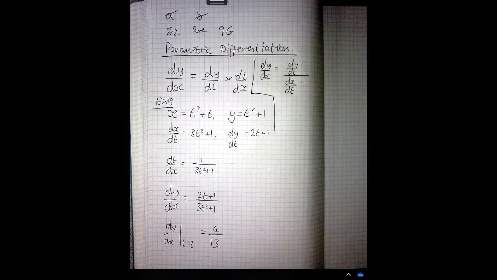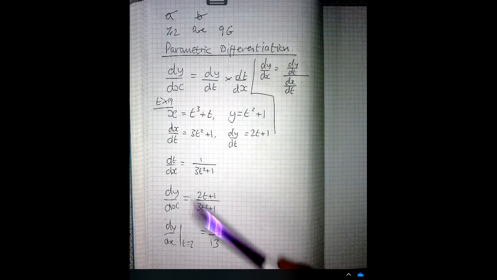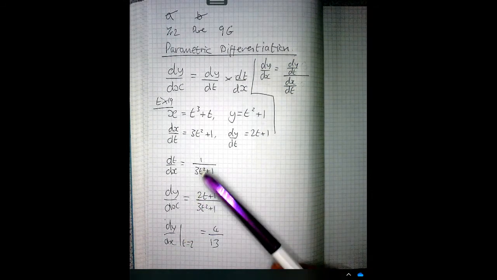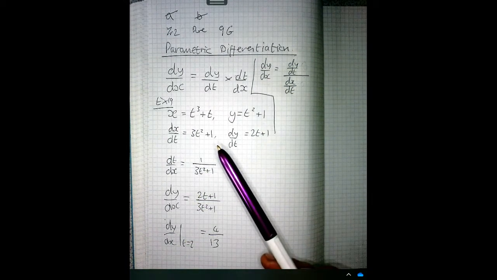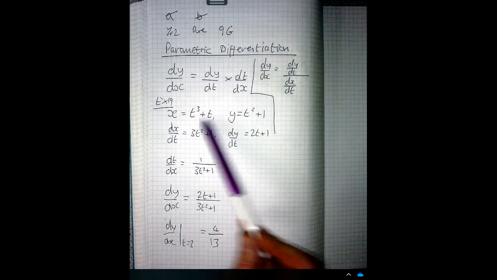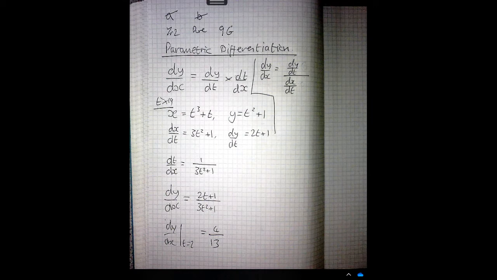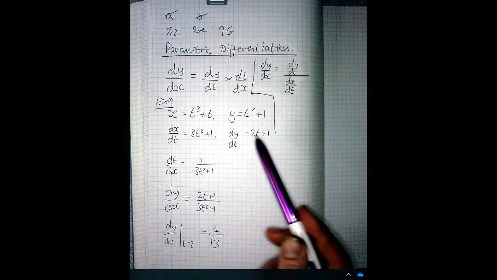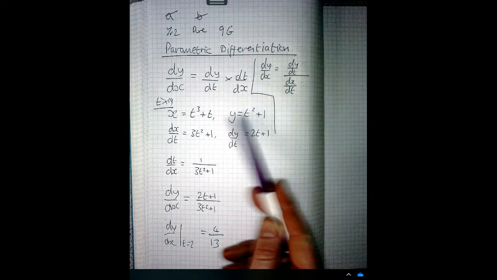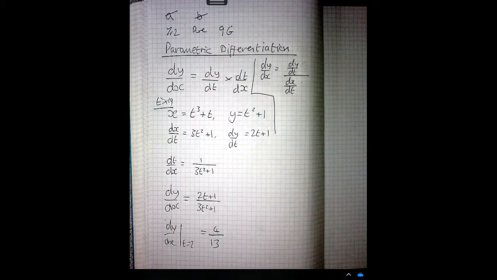So unless I'm told otherwise, this is the easiest way to differentiate functions given parametrically. If I'm told to find the Cartesian equation, Cartesian just means an equation with x and y, I'd make t the subject and sub into one of the others.